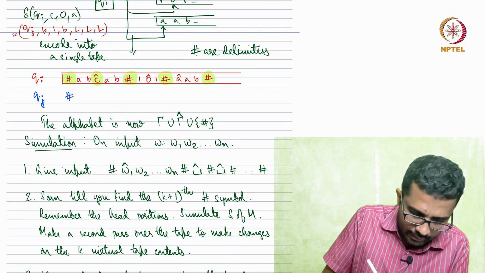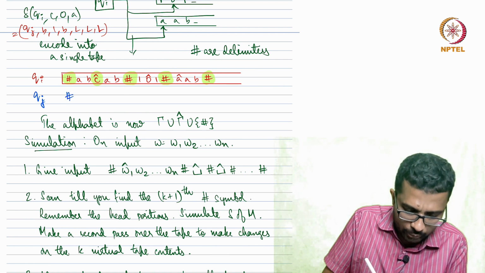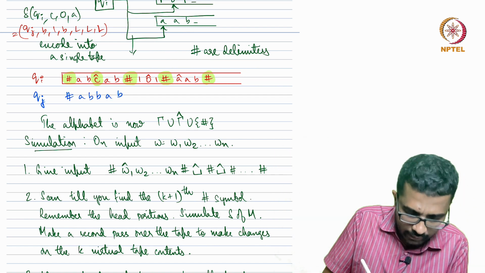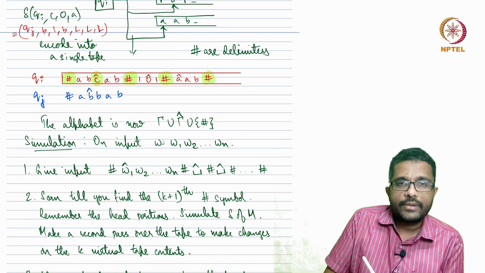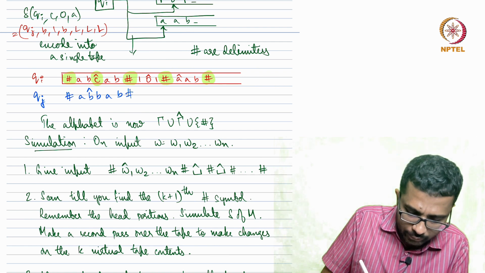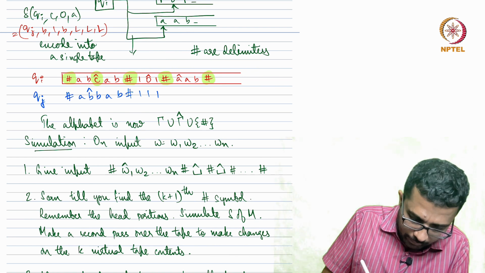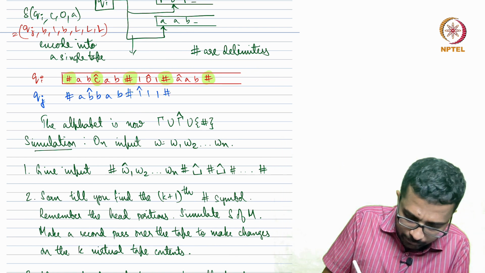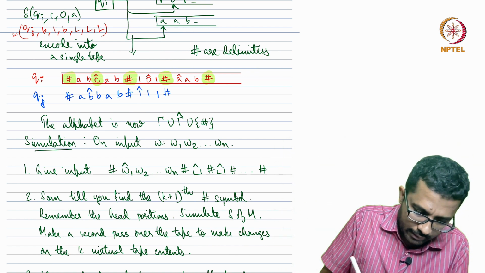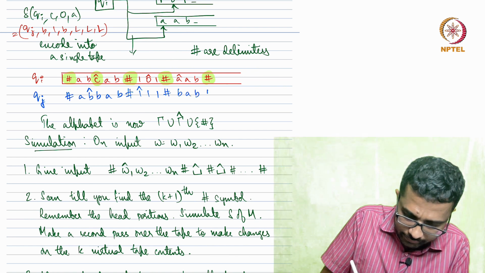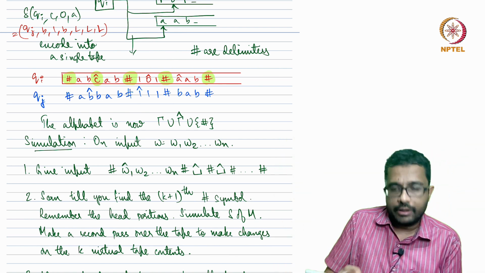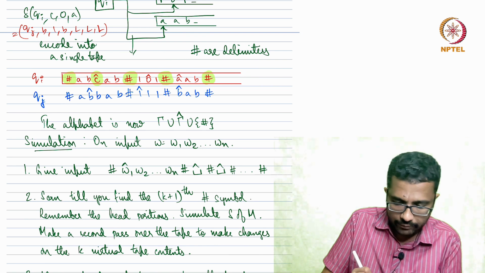So you have hash. Now for the first head you write a B here, and you move left, so the head comes to the second position. For the second tape head you write a 1, and the tape head moves left. And on the third tape, you don't have an A, but you have a B, and you move left, but from the leftmost position you cannot move further left, so this is what you have.